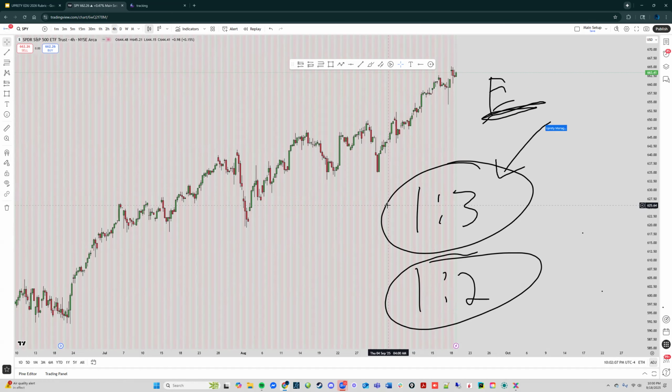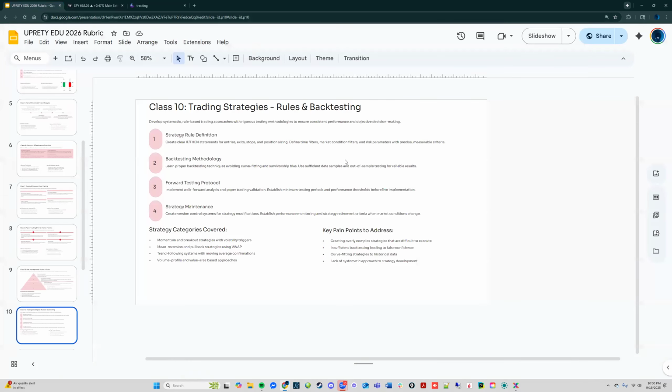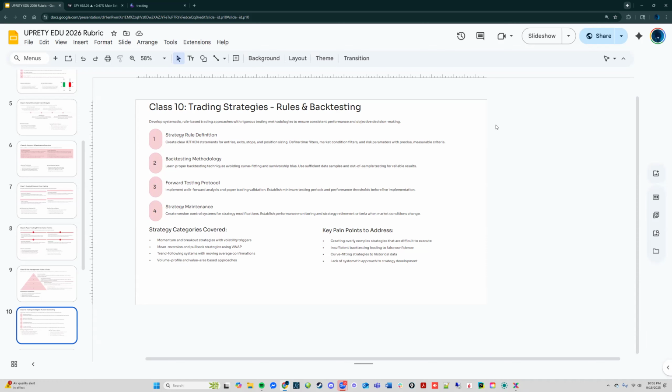Funny enough, entries, that's going to be tomorrow's class. So tomorrow's class, I'll quickly go over what we're going to cover. Tomorrow's class is going to be trading strategies. We're actually going to break down the things I look for whenever I enter a trade. What are the rules? How are we going to forward test this?